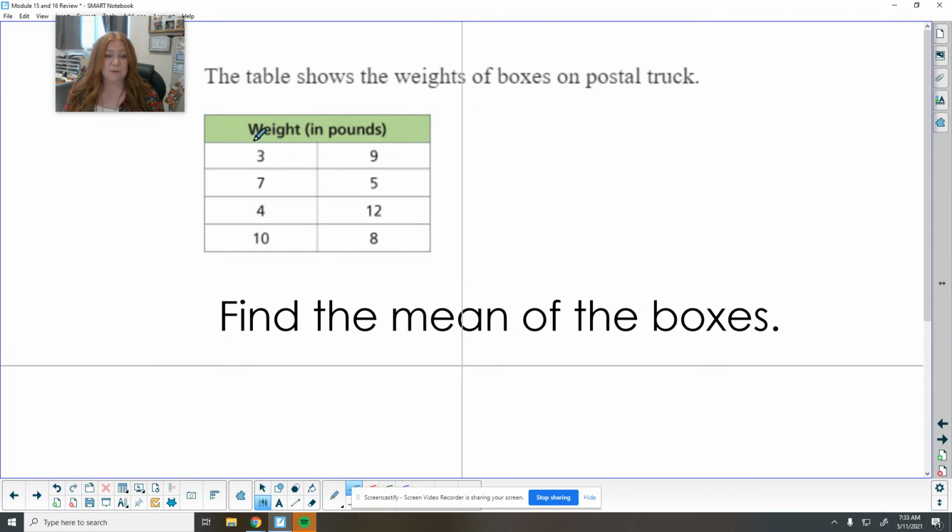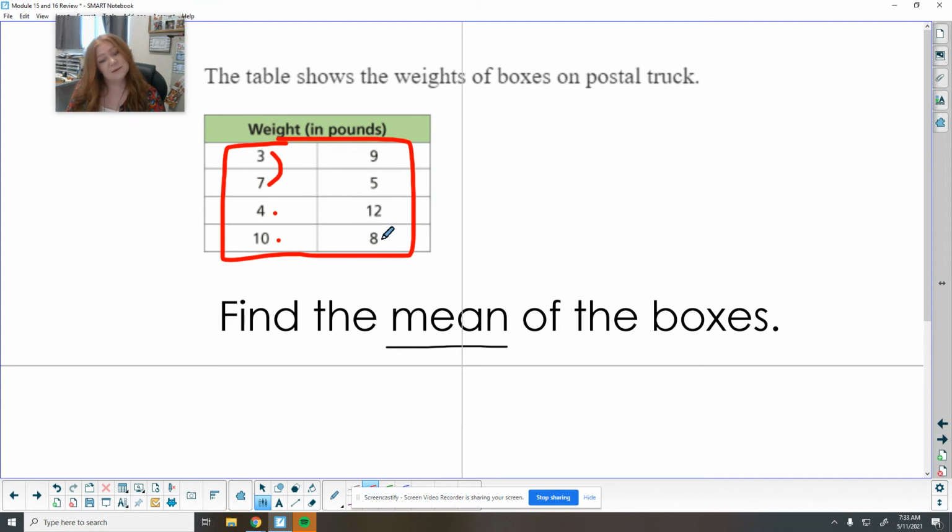So we want to find the mean of the boxes. So go ahead and add these up. So here I can see 10 and 10 is 20, 24. And here is 8 more is 32.